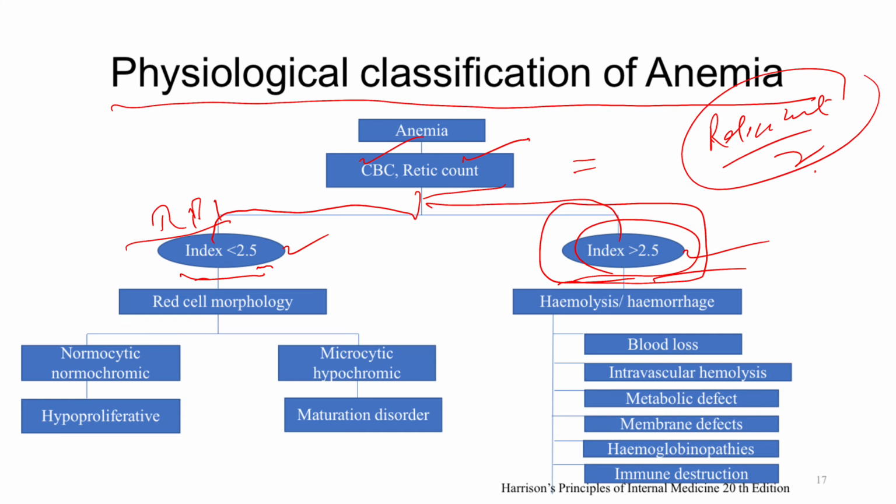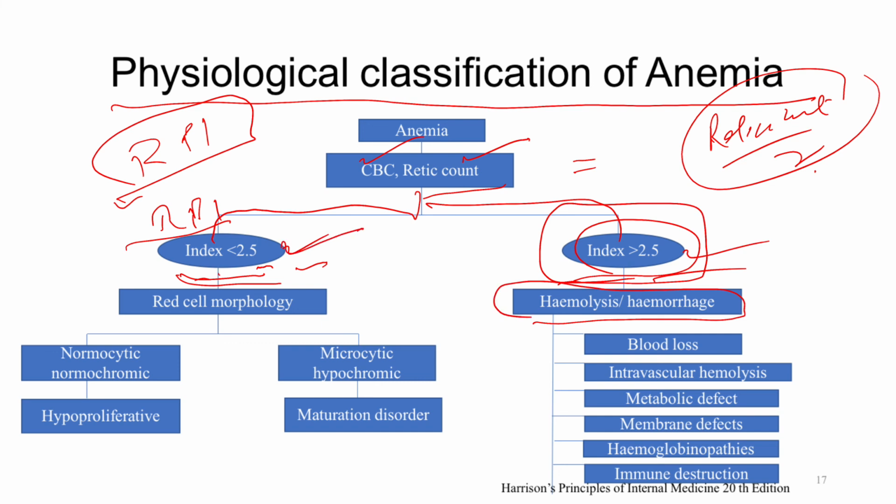So for classification of anemia as per reticulocyte count, we first calculate the RPI. If it is less than 2.5, the chances of hypoproliferative marrow are there. If it is more than 2.5, then the chances of hemolysis or hemorrhage are there.